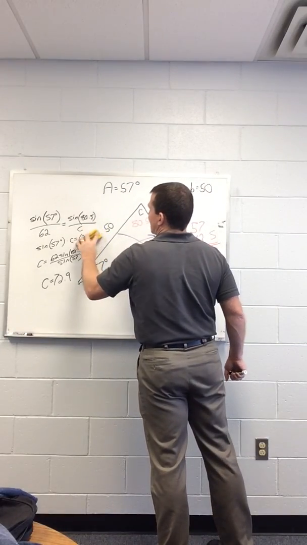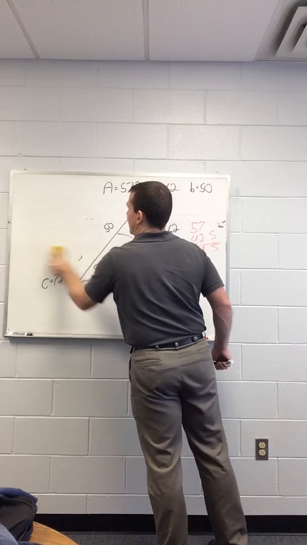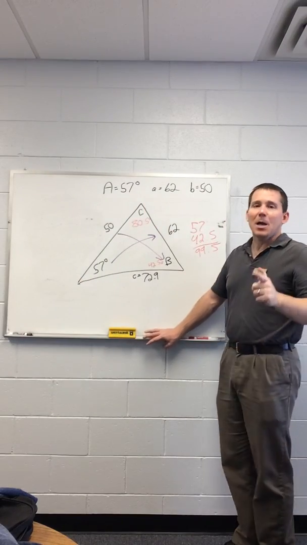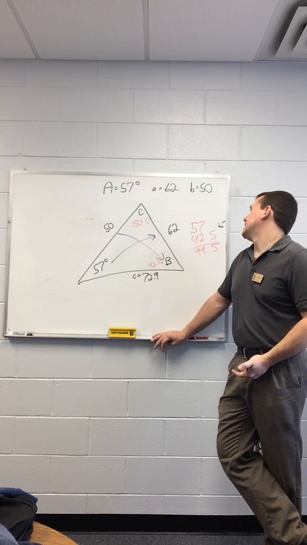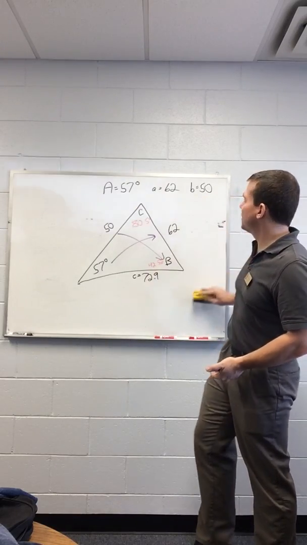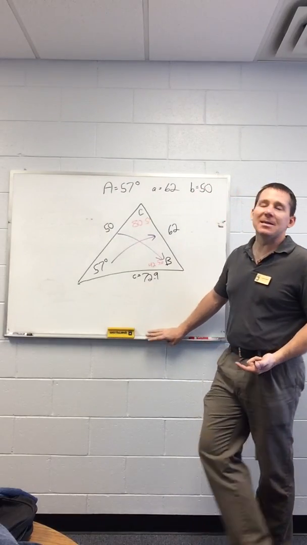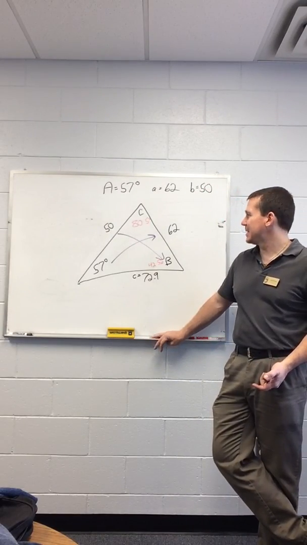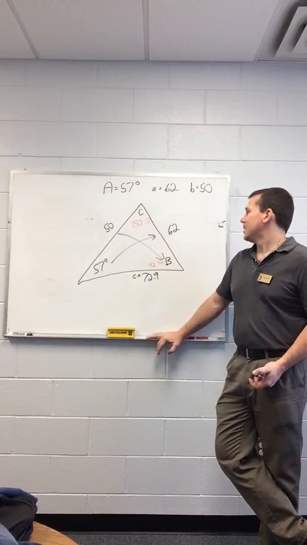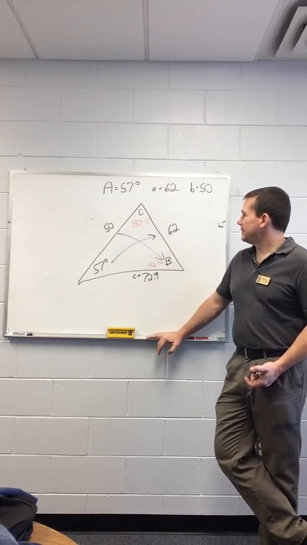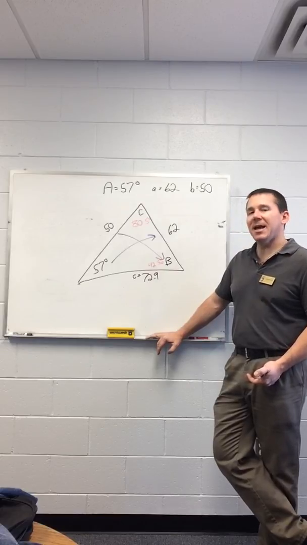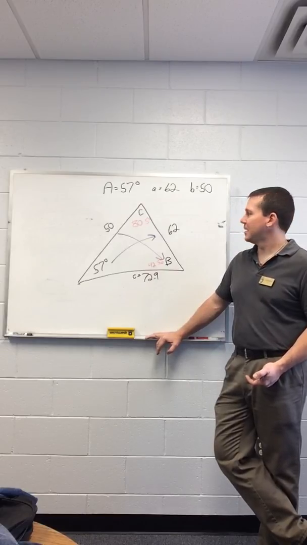I'll erase this just so it's out of the way. Now we have all the sides and all the angles. One last thing I'll mention. You should be able to look at your triangle and your solutions and see that what you got is correct. The angles have to add up to 180. They do. We made sure of that. Also, the bigger the angle, the bigger the side.